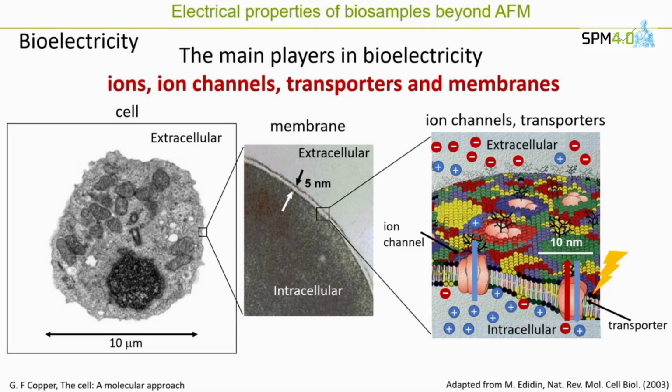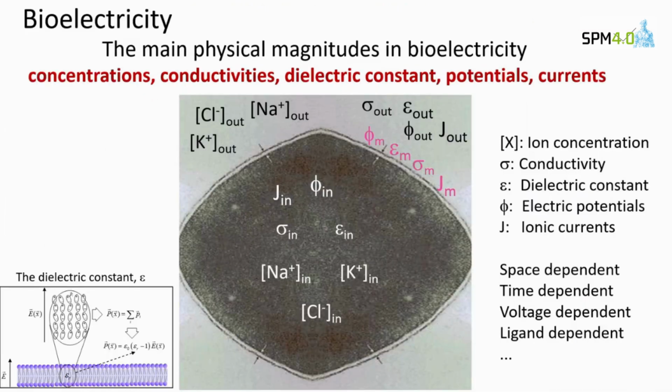Over the years, there have been different techniques trying to measure these electrical properties. If we put it in terms of physical quantities, because we would like to measure quantities here, there are a number of quantities that are relevant in bioelectricity. As I mentioned before, the concentration of ions outside of the cell and inside of the cell are different, and this is the key point.